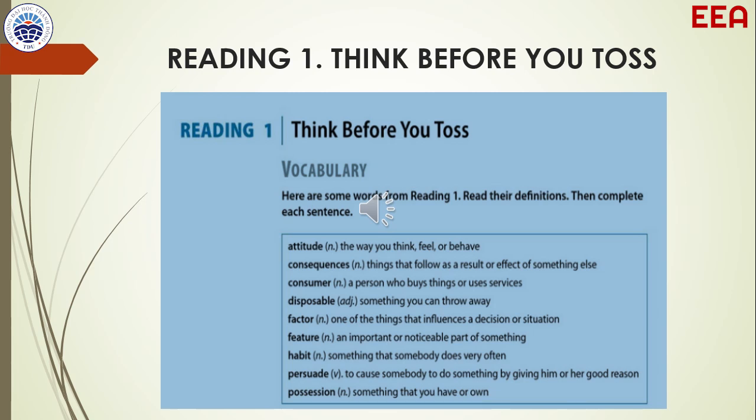Thuyết phục ai đó, đúng không ạ? Persuade somebody to do something or persuade somebody not to do something. Possession, it is something that you have or you own. Sở hữu, sự sở hữu, right? Tài sản, yeah, possession.